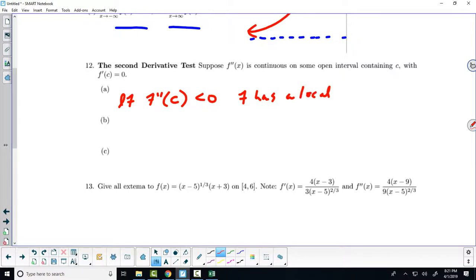Well, let's see here. We've got a horizontal tangent line, and we are concave what? Down. Where on a concave down do we have a horizontal tangent line? At a local max. So if we've got a horizontal tangent line and we're concave down, then we've got a local max.